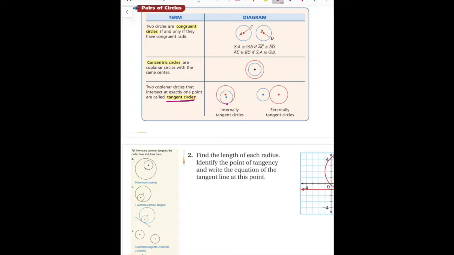You can have one circle inside the other circle and touch at one point, or you can have two circles externally touching at one point. So internally tangent circles and externally tangent circles. Those are the vocabulary words so far. So let's move on. Go back and review all the vocabulary words.